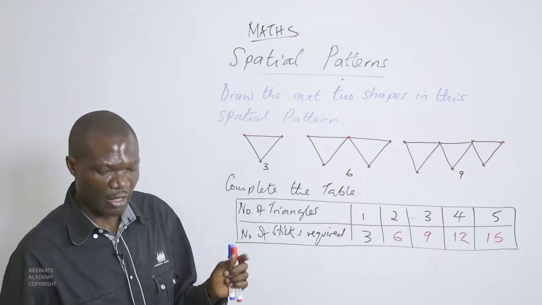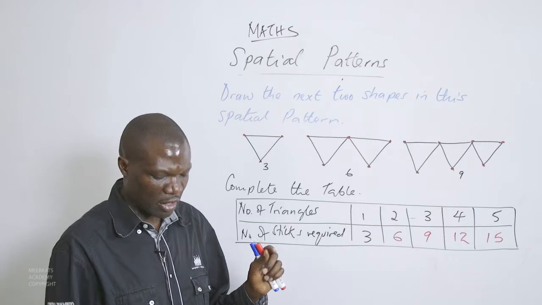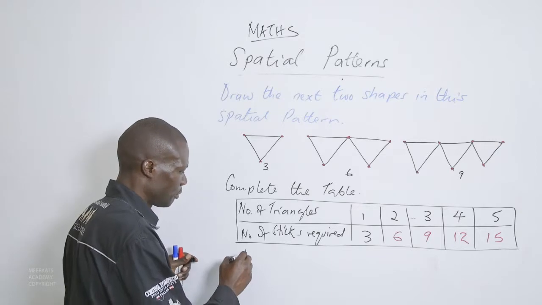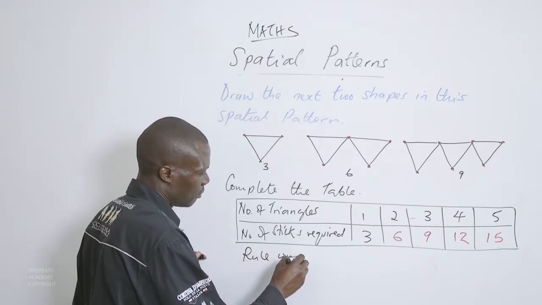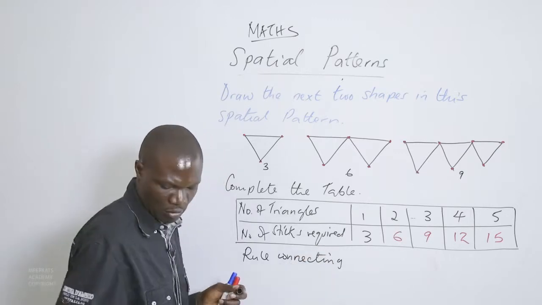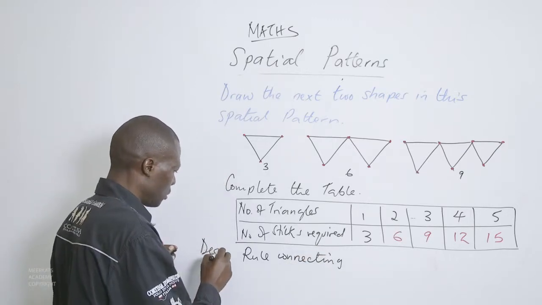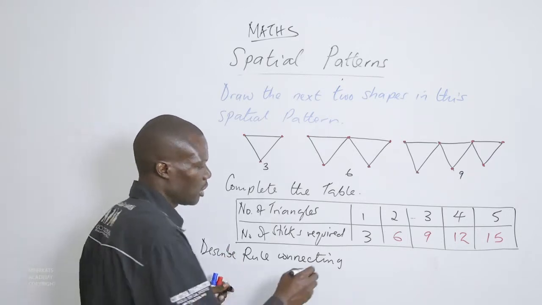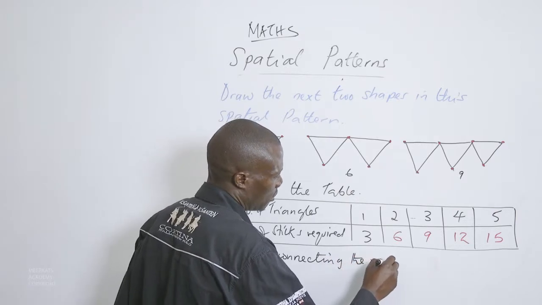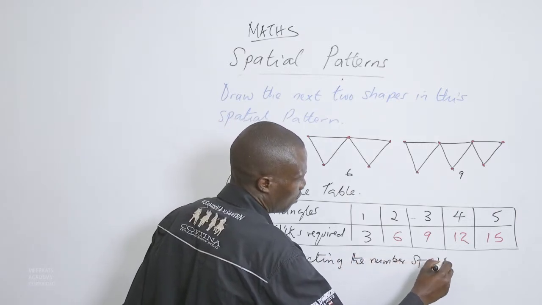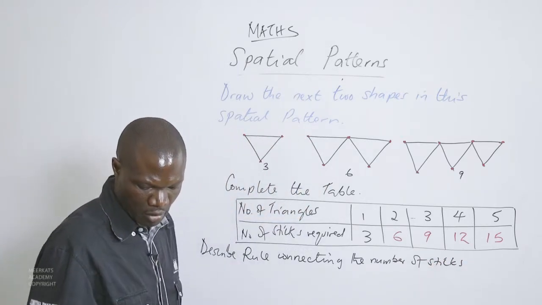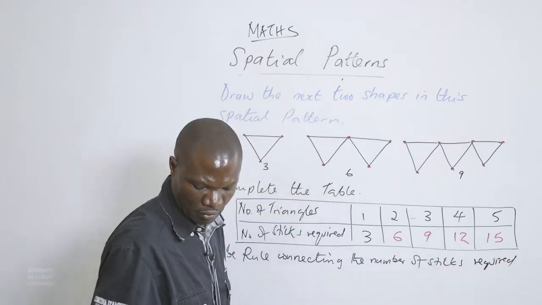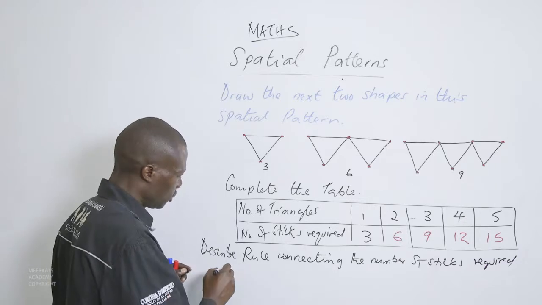Describe the rule connecting the number of sticks required to the number of triangles produced.